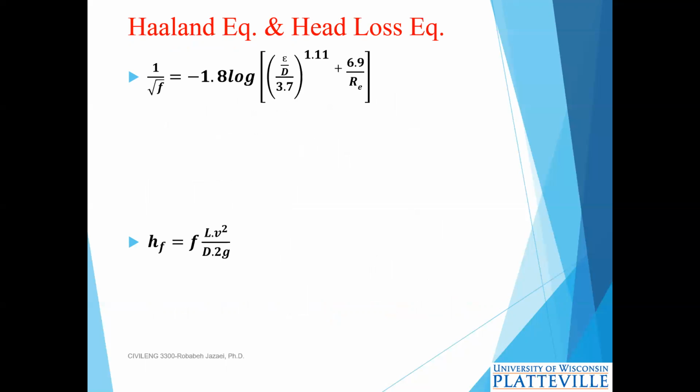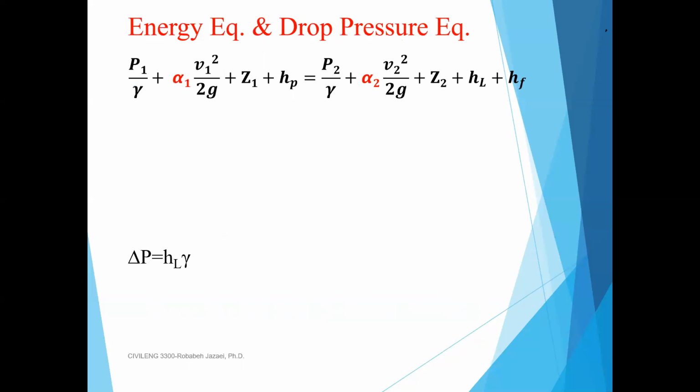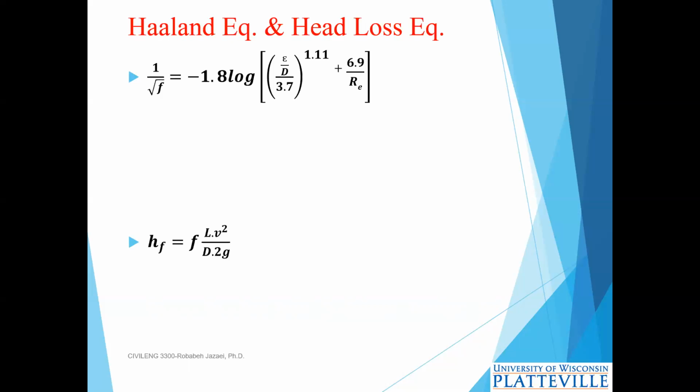So let's see what the relative roughness is, epsilon over D. Epsilon was 0.005 feet divided by the diameter, which is 0.5 feet. So it's dimensionless, it's 0.01. Okay, I have the relative roughness, I have Reynolds number.